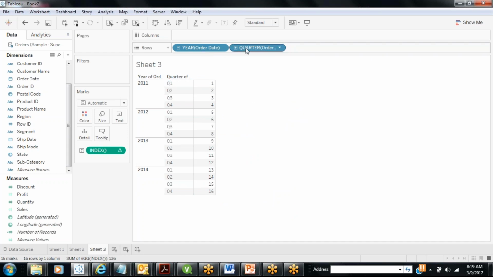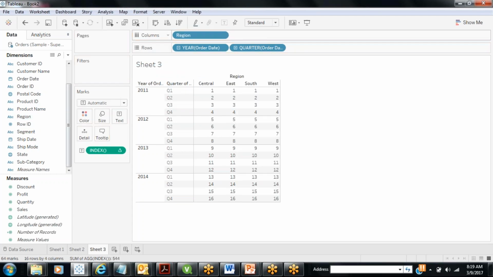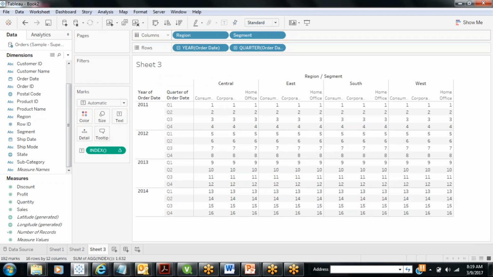Now this pane count will vary. I have one level, so this is 1. For example, if I take this region, this is still only 4 panes. This one pane, this one pane, this one pane, this one pane. Now I add segment also. Now it becomes 1 pane, 2 pane, 3 pane, 4 pane, 5, 6, 7, 8.